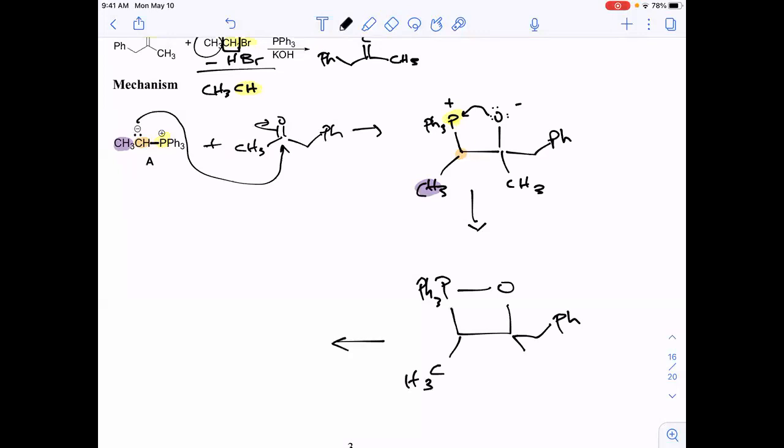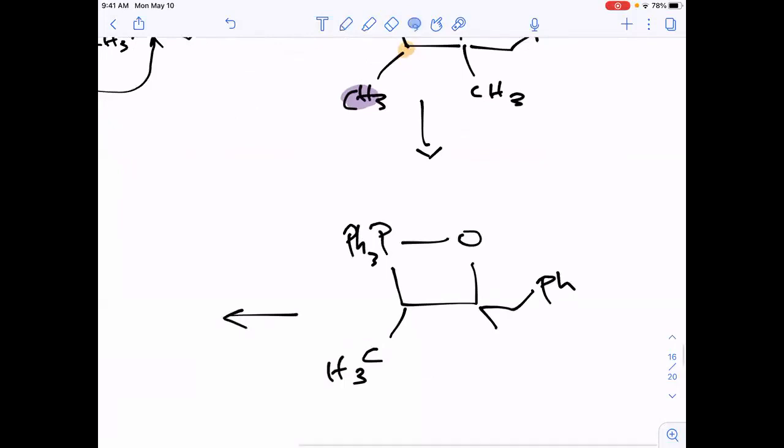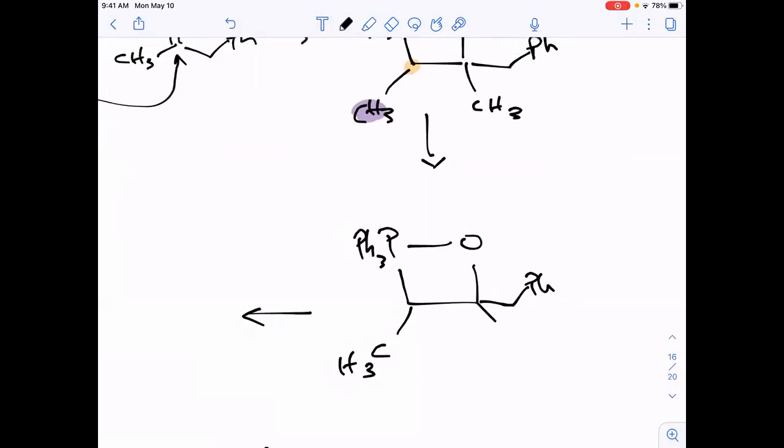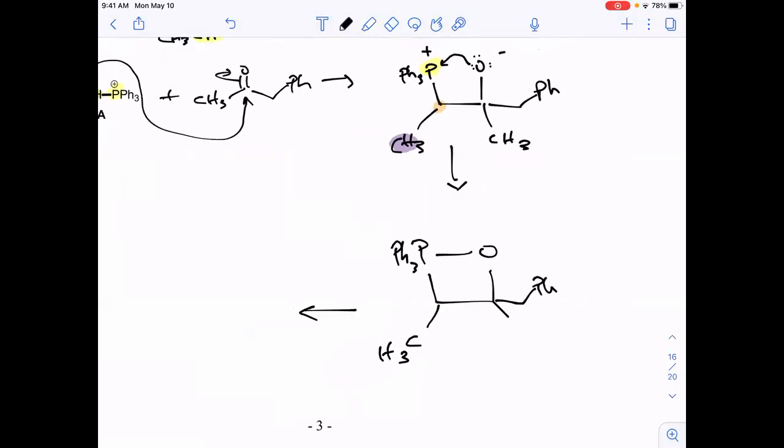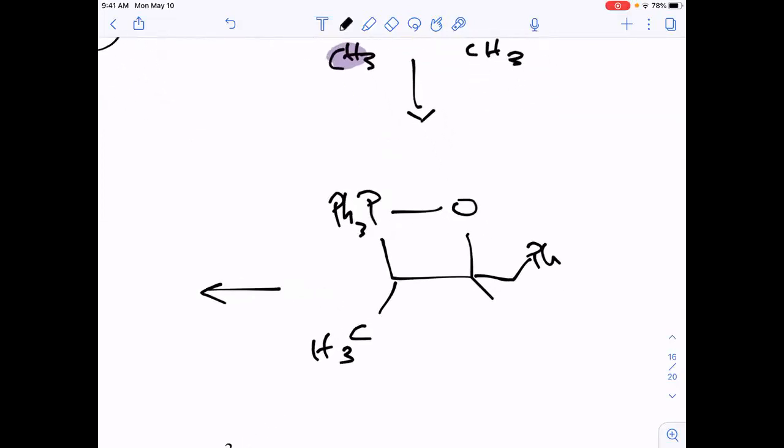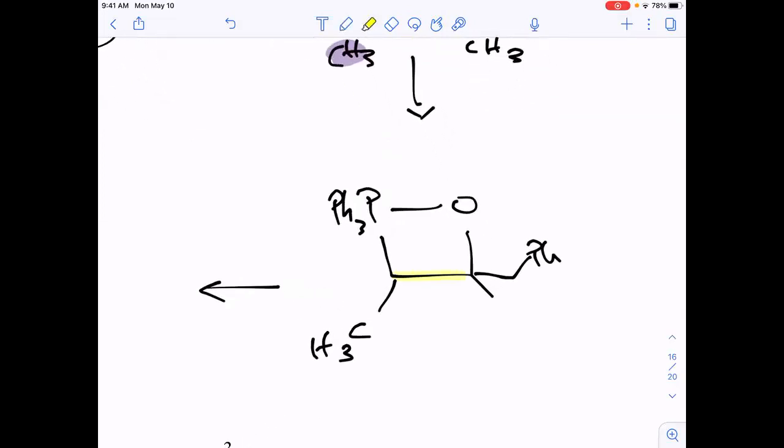Right, and once we get here, forming the product is just a formality, because this thing is going to break down and give me the product. I want an alkene as my product, so I want to put a double bond here.